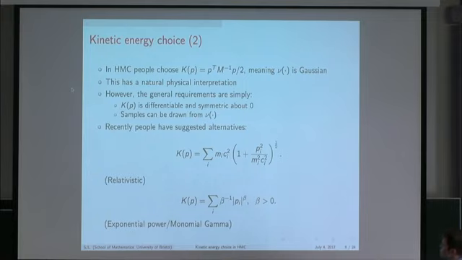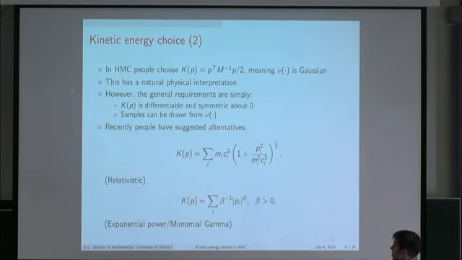It looks like the quadratic choice of kinetic energy that you would get if you had a Gaussian momentum for small values of p, but then it has slightly heavier tails, so it looks more like a Laplace distribution when you get out into the tails. Then there's this other suggestion by Zhang et al.